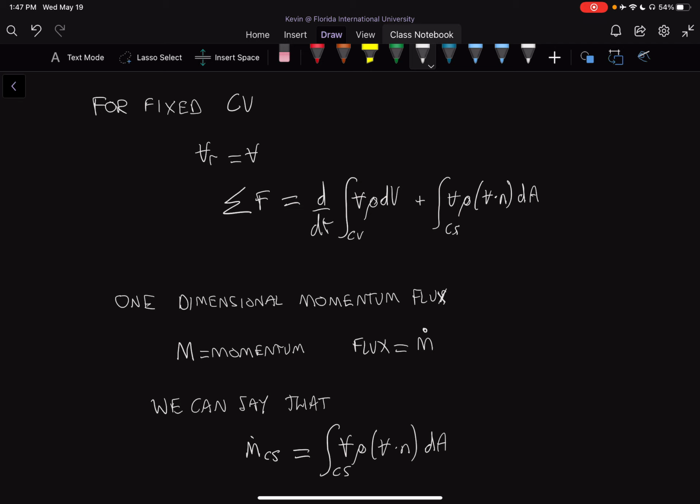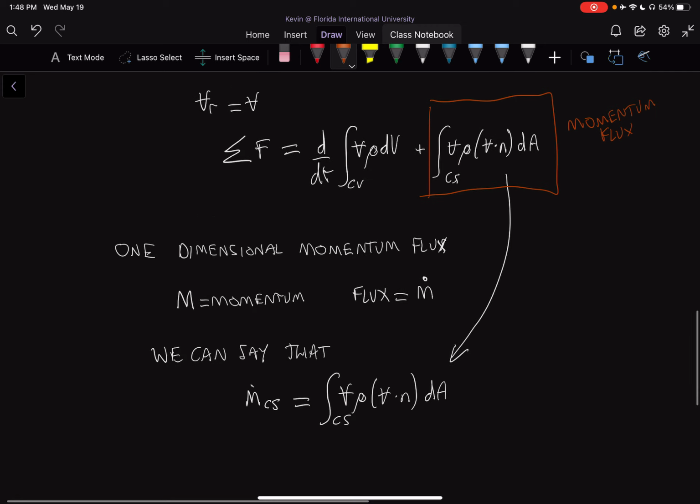Essentially, we're just calling this term the momentum flux. So it's the amount of momentum that crosses the boundary, essentially, through the control surface.